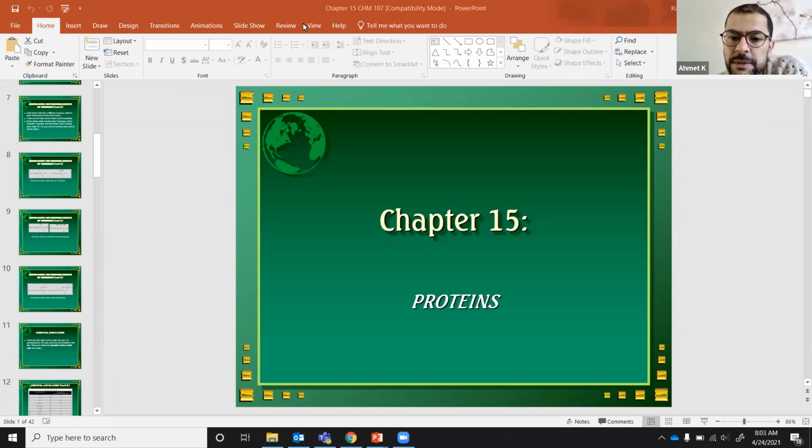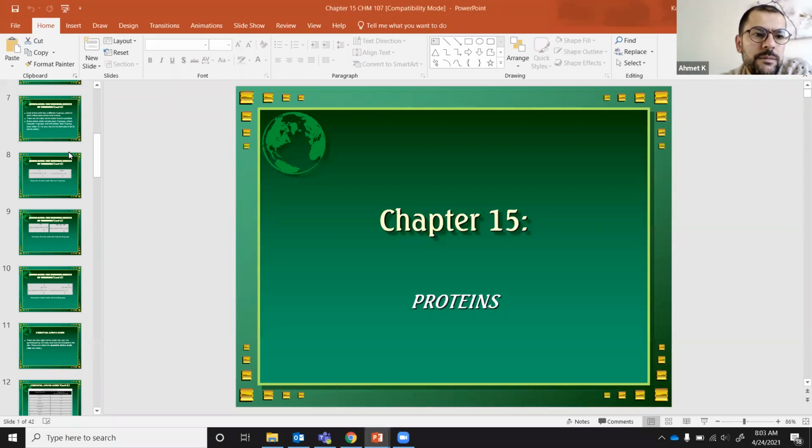You can make polymers based on monomers. So just like carbohydrates, proteins are based on amino acids, right? In order to understand the proteins, we need to understand the smaller molecules, which are the amino acids. So that's why we're going to start from the amino acids.